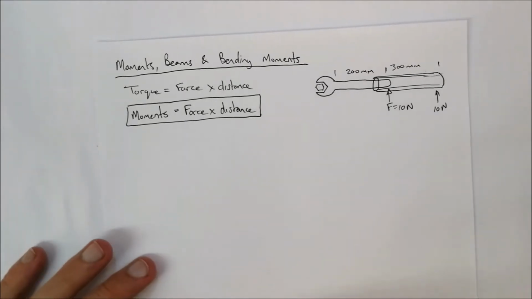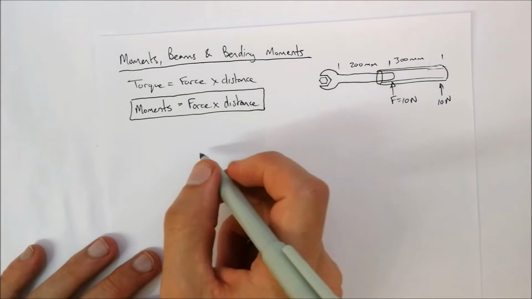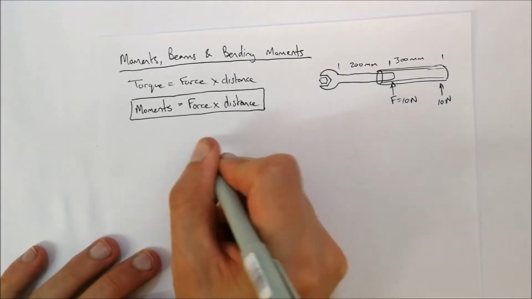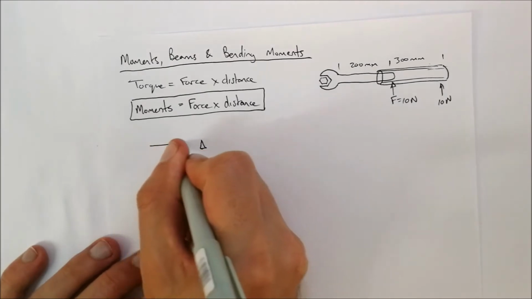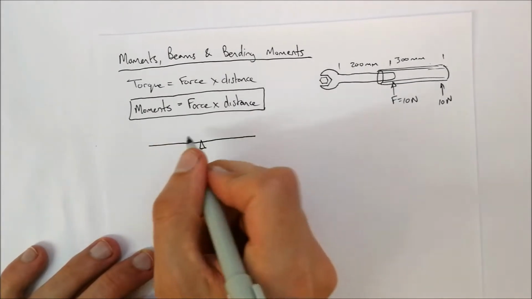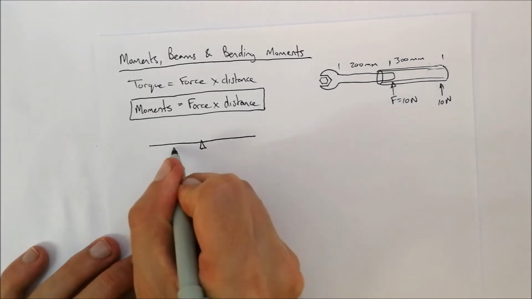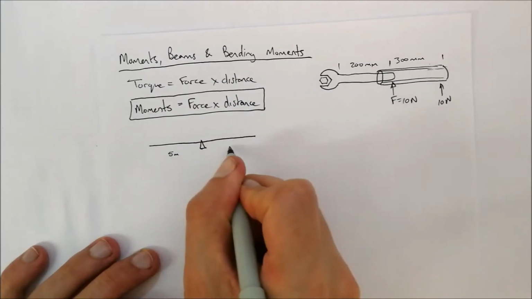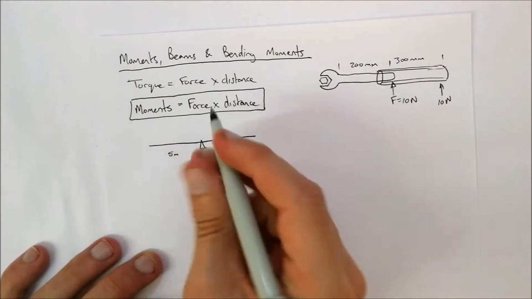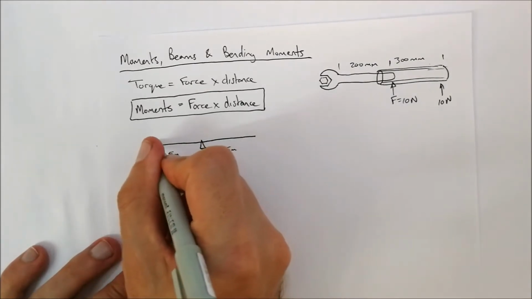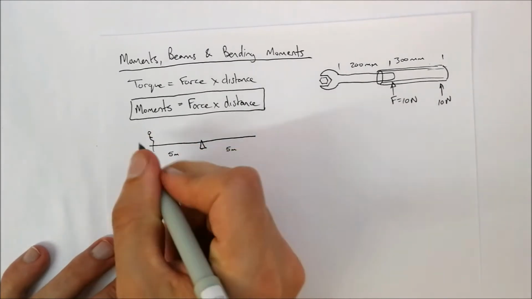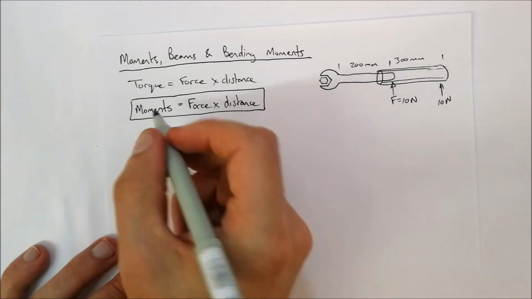Okay, so how does it all fit together? Well, let's say, for example, you had a seesaw. You went to the playground and there's a seesaw, and this specific seesaw is 5 meters each side. So it's 5 meters there and 5 meters there. And you've got a little kid sitting over here, and they weigh, let's say, 40 kgs.